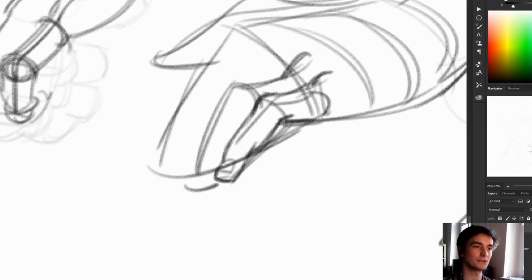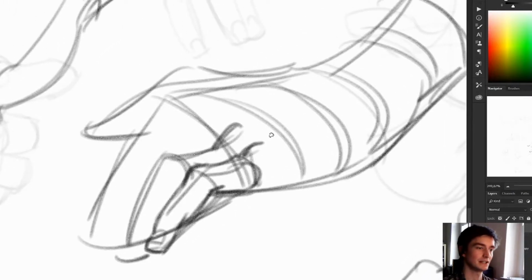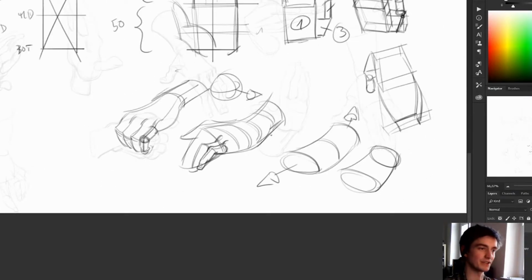We can keep doing this, but it's not necessary to guess, okay, this is a finger, because this already, I would say, gives enough information. Anyway, okay.